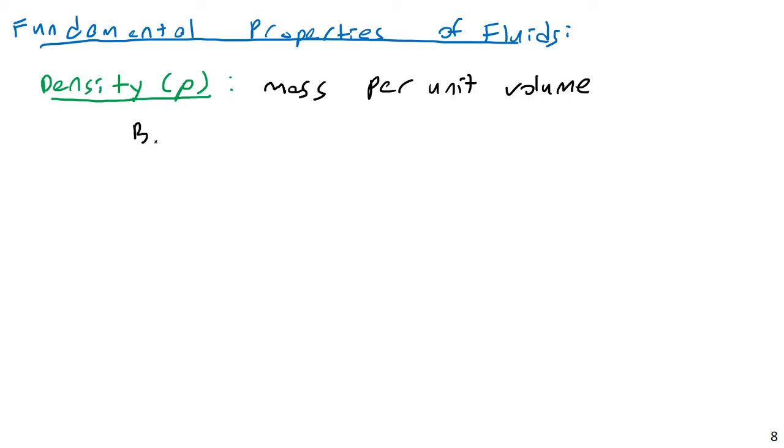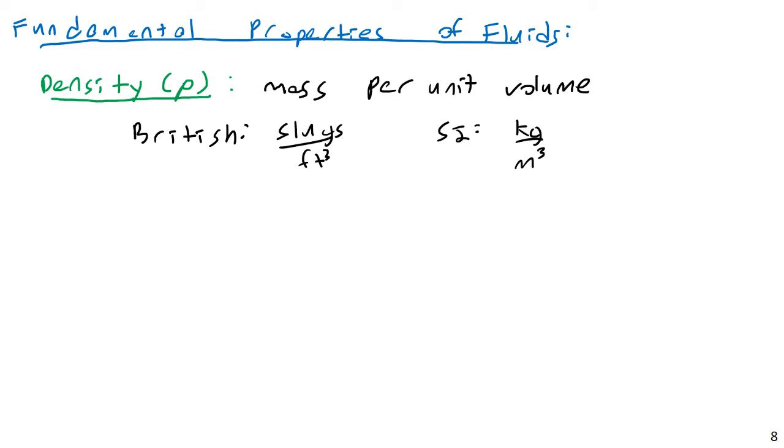For the British system, it's going to be slugs per cubic foot. And then for the SI system, it's going to be kilograms per cubic meter. And water is approximately 1,000 kilograms per cubic meter, or approximately 1 kilogram per cubic decimeter, or approximately 1 kilogram per liter.